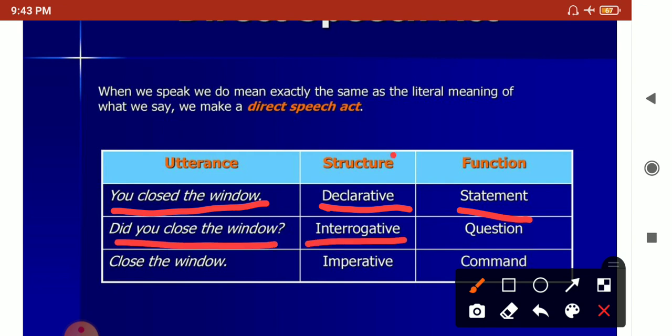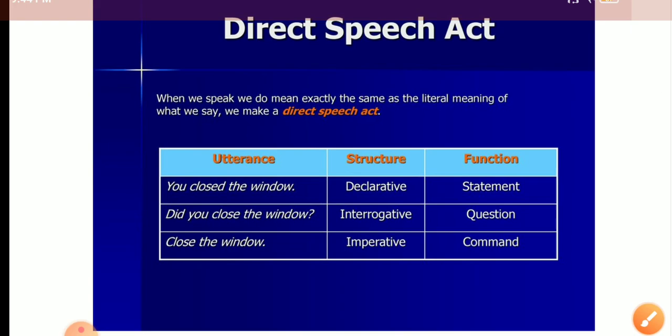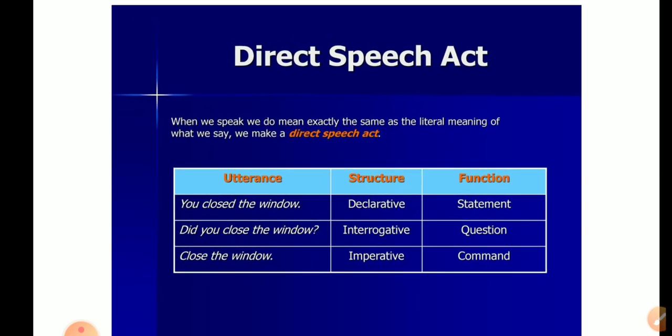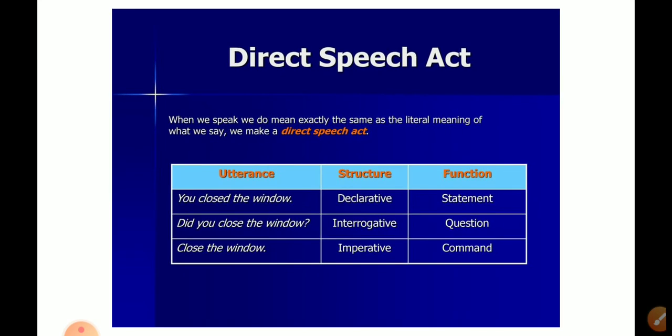Structure is interrogative and the function is to ask a question, to know who closed the window. Close the window. Structure is imperative and it is a command. So, in these utterances you will see that there is a direct relationship between structure and its function.